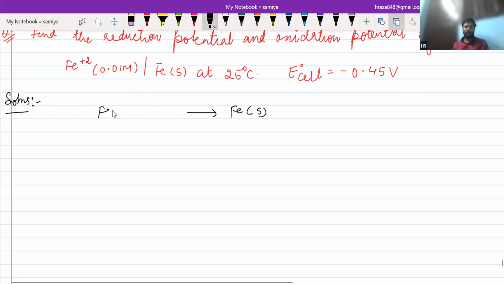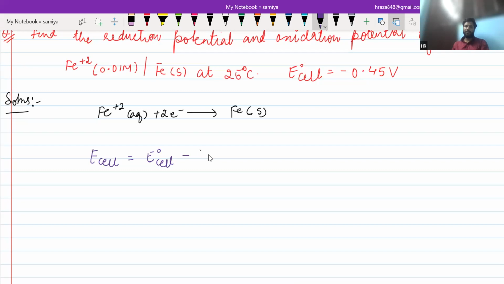Now, for reduction potential or oxidation potential, we need to write the Nernst equation. E cell equals E naught cell minus 0.059 upon N log to the base 10 of product upon reactant.